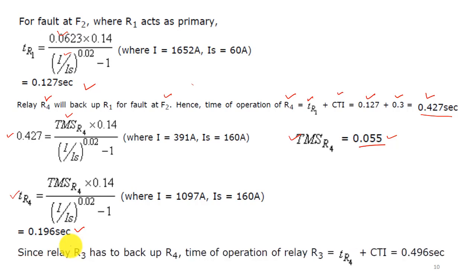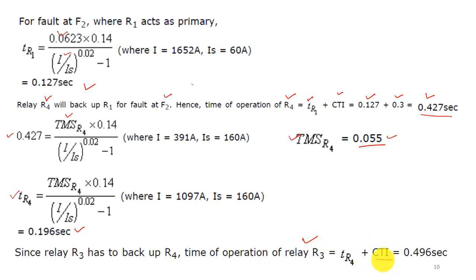Okay, so now we can see here relay R3 is acting as the backup to R4. Therefore we can find the time of operation of relay R3 just by adding the CTI to the primary operating time of R4. So just by adding we get 0.496 second, that is the time of operation for R3. This is the backup protection time for R3 to R4.